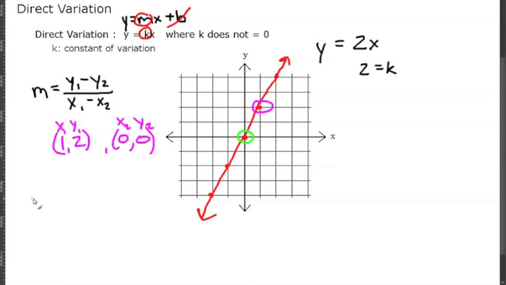Plugging those in, we're going to get that m is equal to 2 minus 0 over 1 minus 0, which is simply 2 over 1, which is our slope, 2.